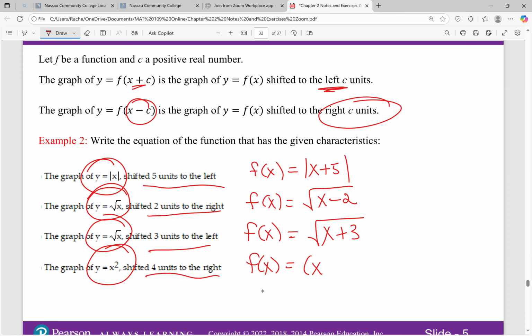So we want to go to the right 4 units, so we're going to subtract 4, and don't forget to square it. So that's how we make a horizontal shift to our squaring function. You have to add or subtract c from x and then square it. So we would have x minus 4 squared. And those last two you can graph on your own and make sure that they check out.